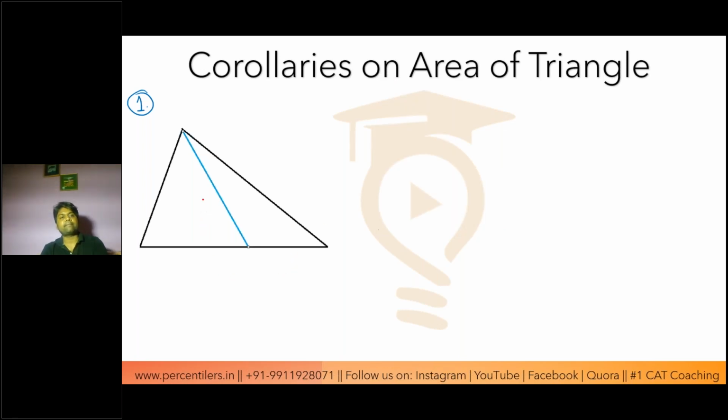It says that in a triangle ABC, if there is a line segment AD, nothing is special about AD. AD may or may not be an angle bisector, may or may not be a median, may or may not be perpendicular. It's just a line segment that divides the base in the ratio m is to n.